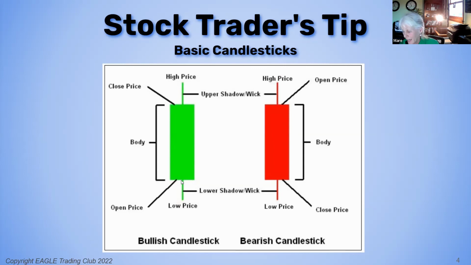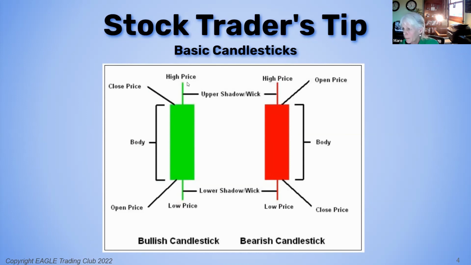Sometimes they don't even have a wick. Sometimes the low price and the close price are exactly the same, and then you would have no wick and you just have a box. Sometimes you'll see that, and maybe we can find some examples.